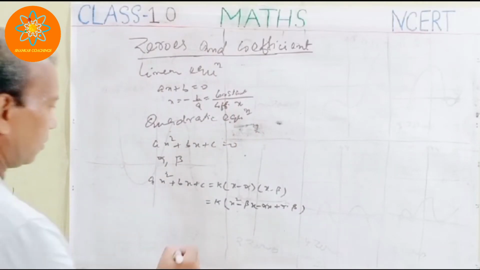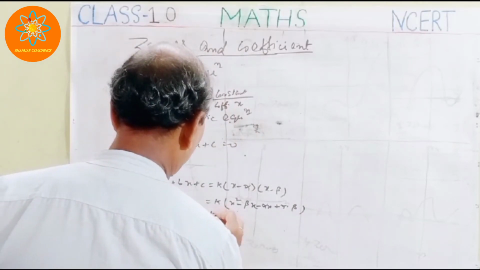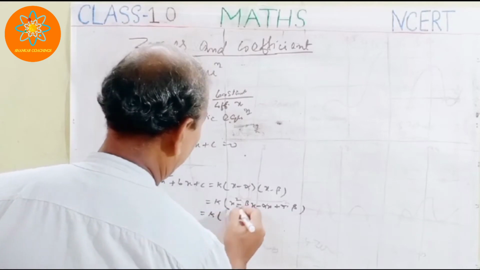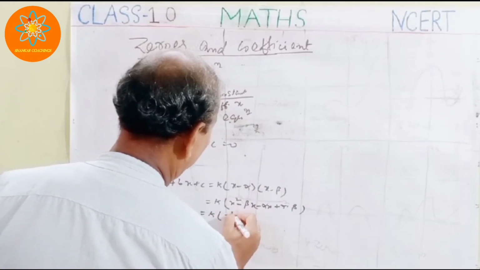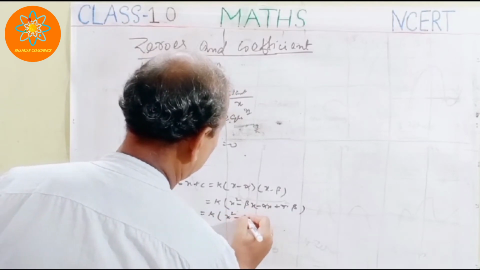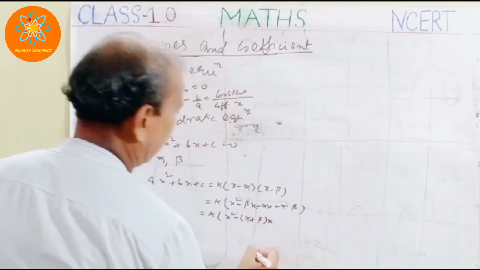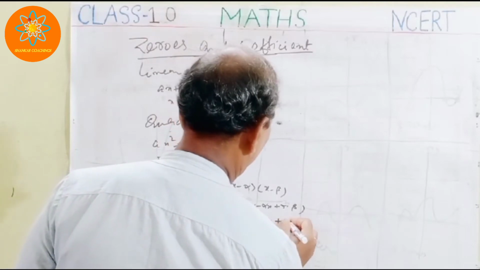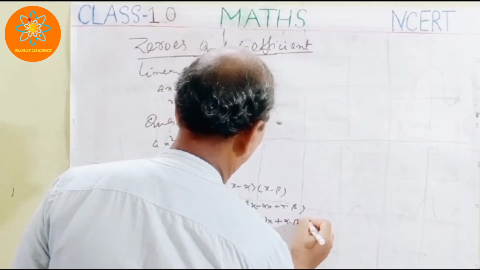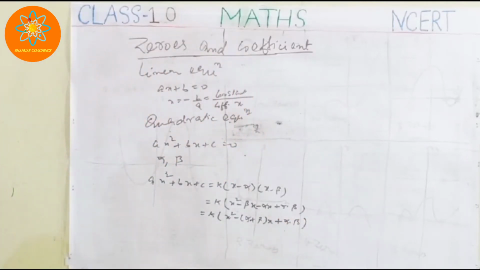I can also write it as k into x square minus alpha plus beta into x plus alpha into beta.